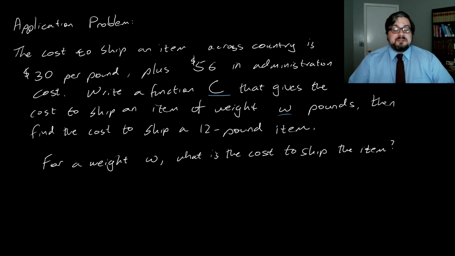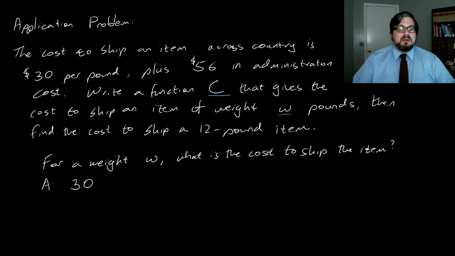So the problem gives us information here. It tells us that the cost is $30 per pound plus $56 in administration cost. So if we're shipping a weight W item, let's get an expression that tells us how much this is going to cost. So the answer to this question right here is going to be the following.